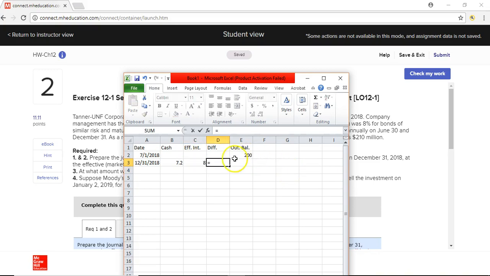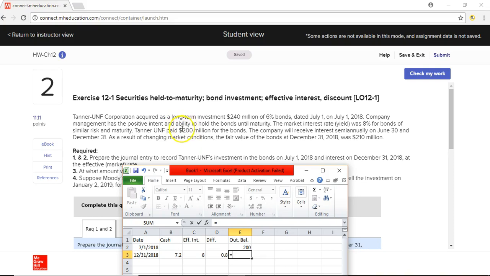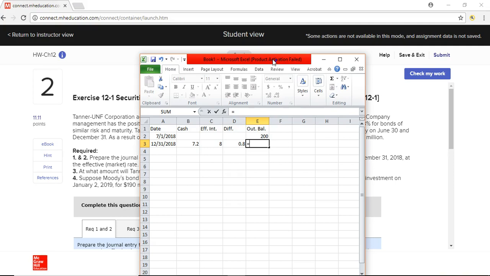And the difference is the larger minus the smaller. And since the amount Tanner UNF paid is smaller than the face value of the bonds, these bonds were issued at a discount. So later we are going to see the balance goes to the face amount $240 million. So we should increase the balance: the previous balance plus the difference.